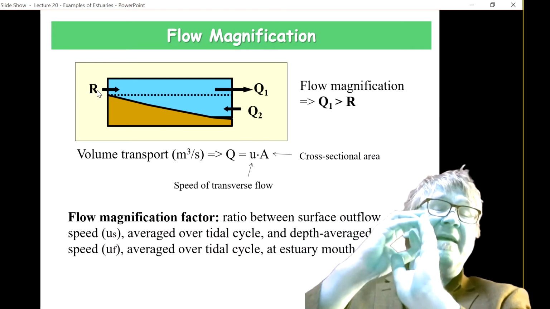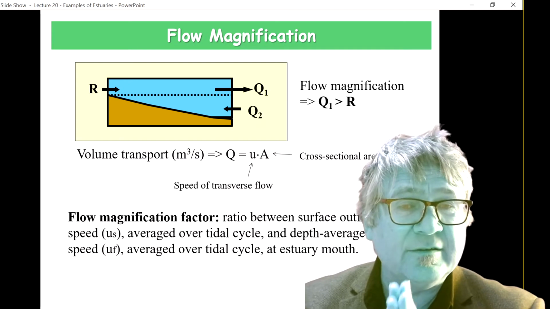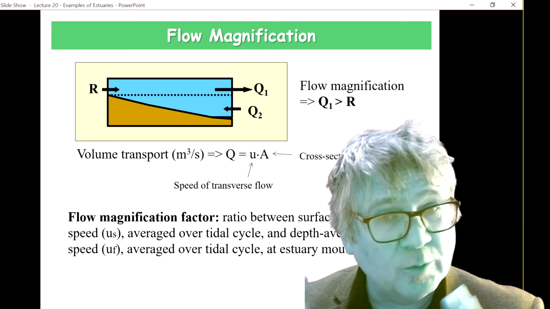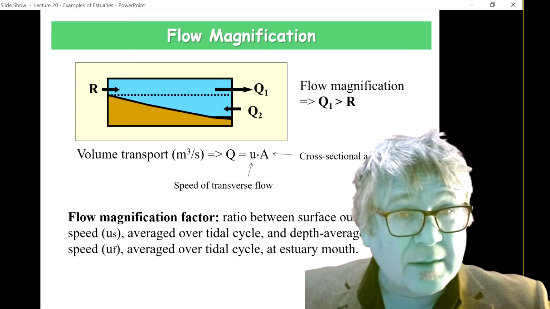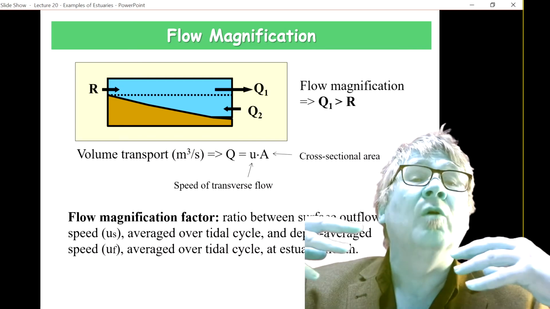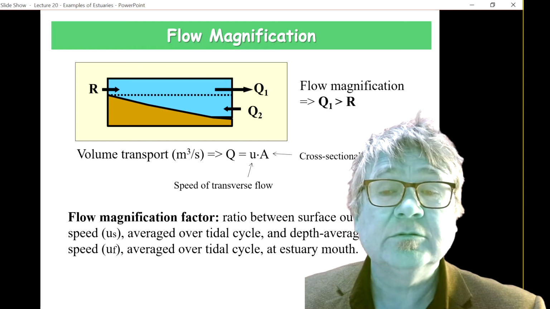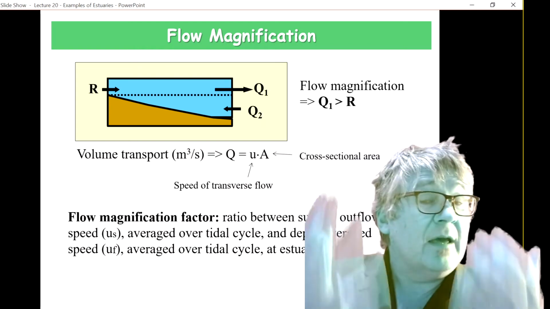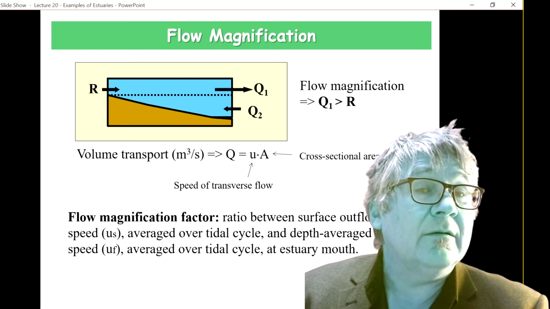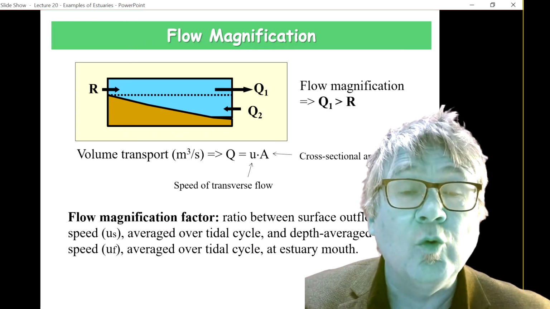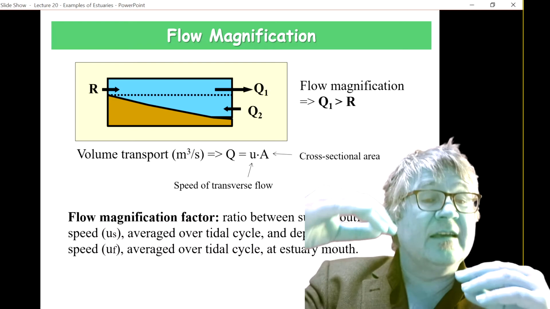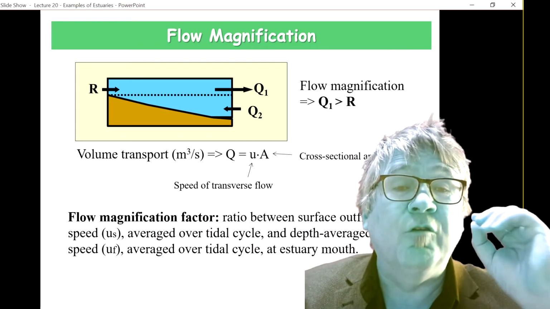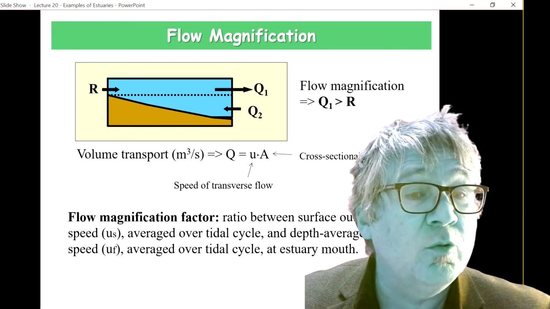Now, a fundamental property is conservation of volume, because water you can't compress. So all that comes into your estuary has to also move out. What comes in is R and also Q2. So you have two sources of volume coming in, and this has to be balanced by the volume flowing out, which is Q1.